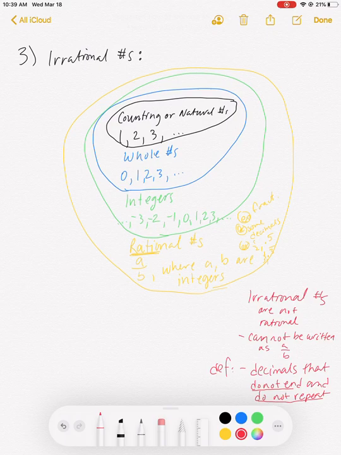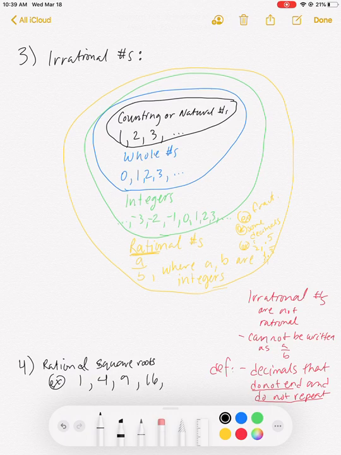For number 4, which square roots are rational? Rational square roots are examples like if you take the square root of 1, 4, 9, 16, 25, etc. The square root of 1 equals 1, the square root of 4 equals 2, the square root of 9 equals 3, and we touched on this a little bit before.